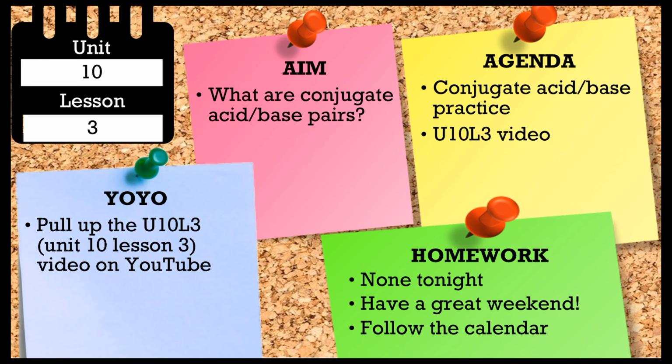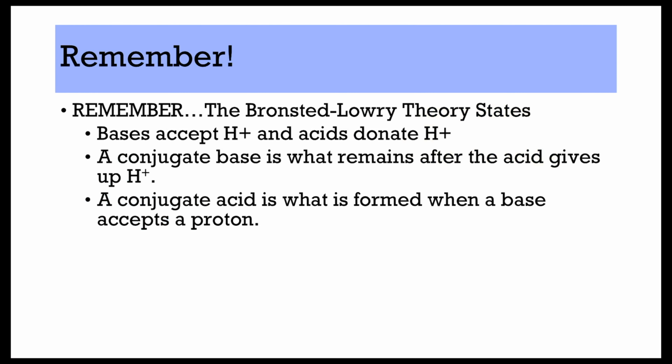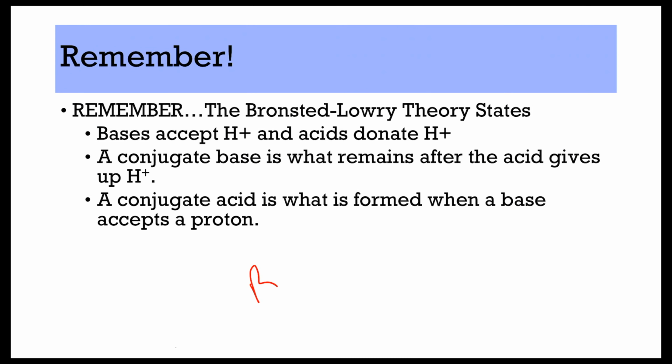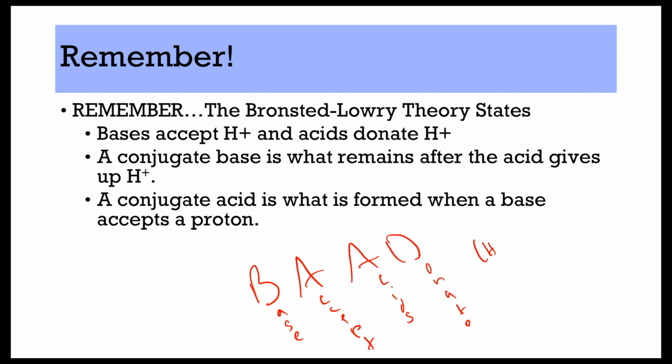Okay. So, just a quick recap of what you need to know from yesterday. In the conjugate theory, we talked about how bases accept H pluses and acids donate. We're talking about that H plus.